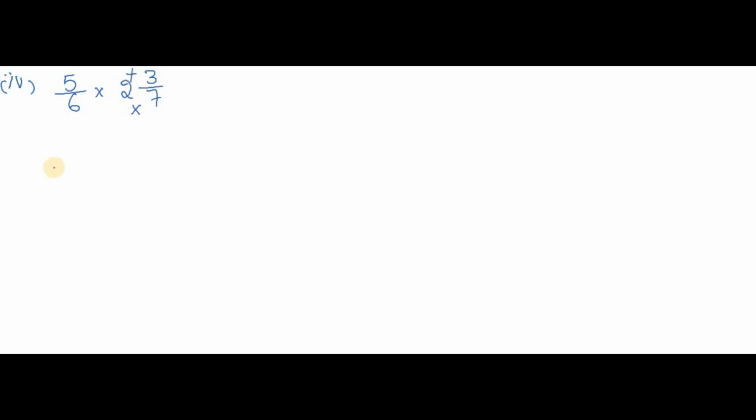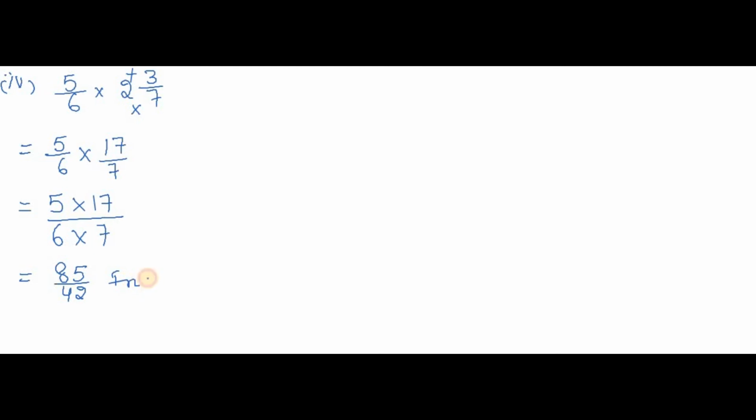So a mixed fraction can be converted into improper. 5 by 6 into 2 7s are 14 plus 3, 17 by 7. 5 and 7 will not come, 6 and 17 will not come. So we will multiply numerators and denominators. 5 into 17 by 6 into 7. 17 5s are 85 by 6 7s are 42. It is an improper fraction.